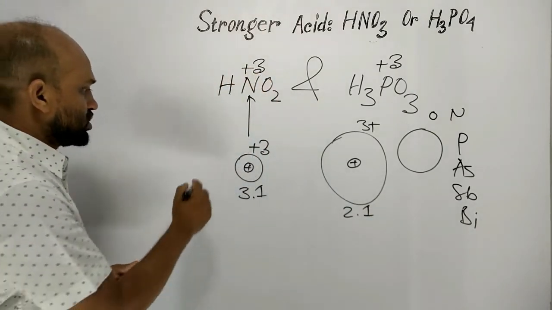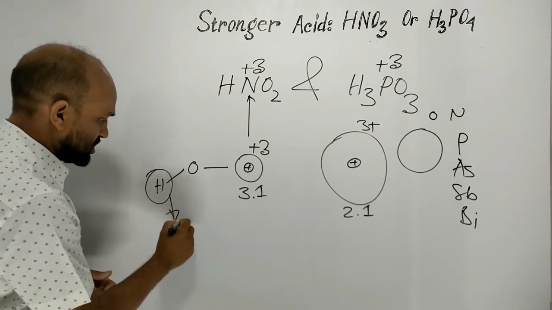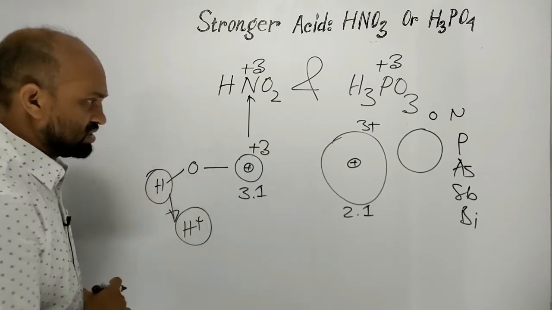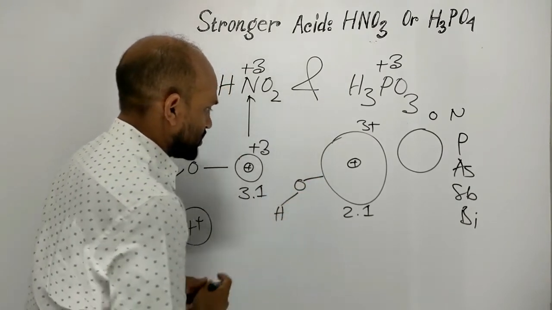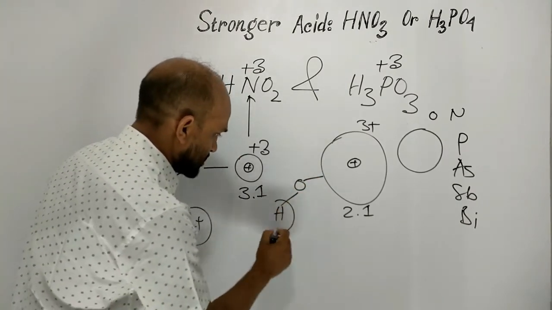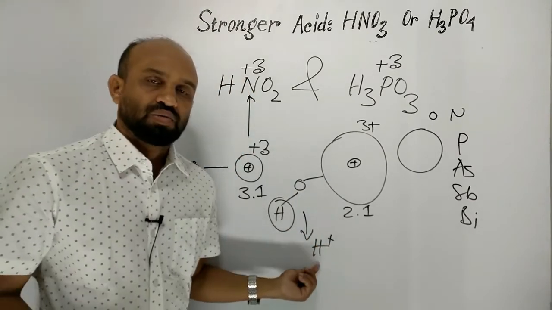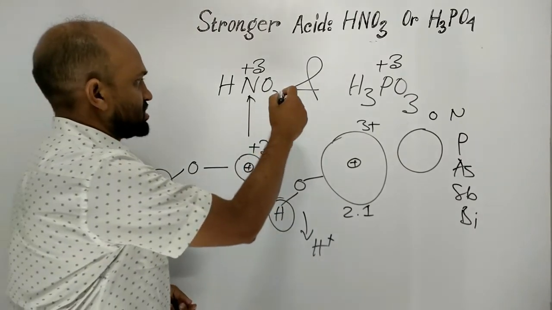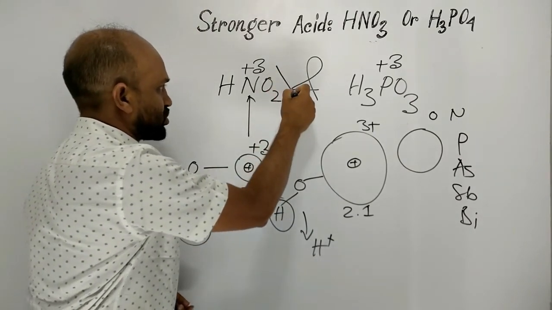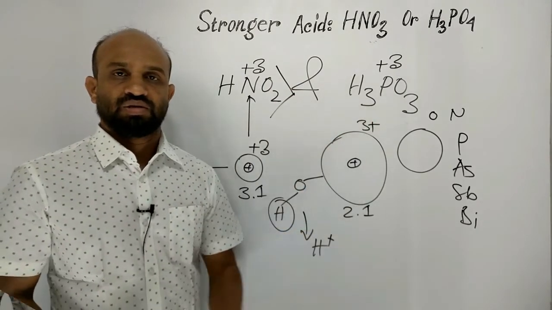So from nitrous acid, this hydrogen is freed as proton easily, and from phosphorus acid, this hydrogen is freed as proton but not easily. That is why nitrous acid is a stronger acid than phosphorus acid.